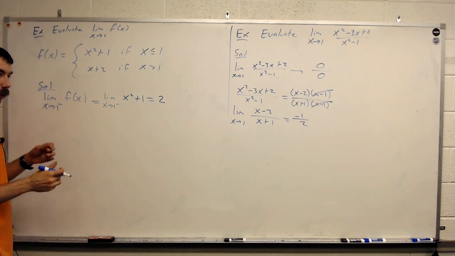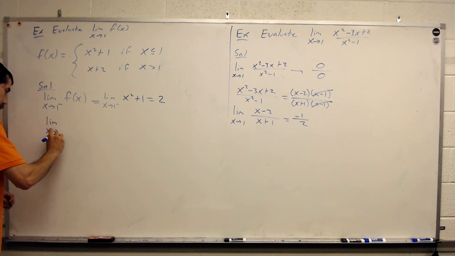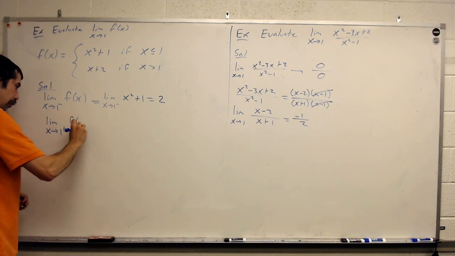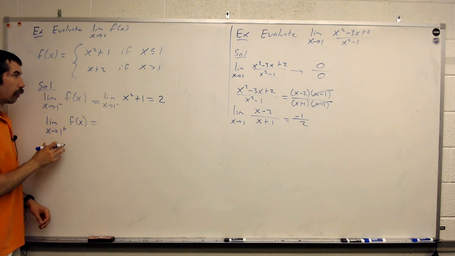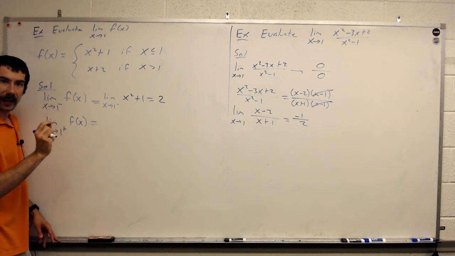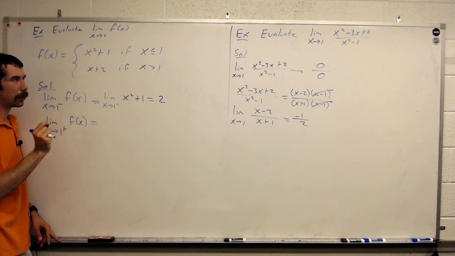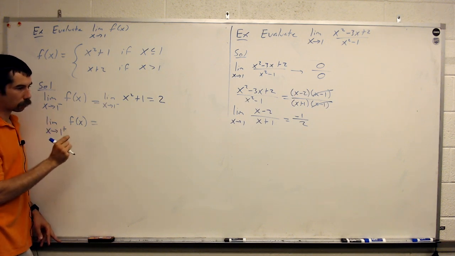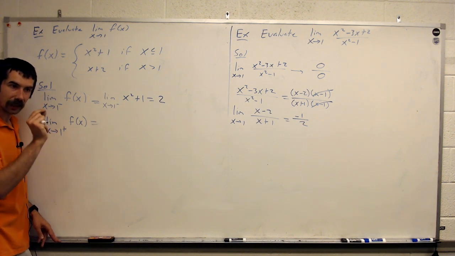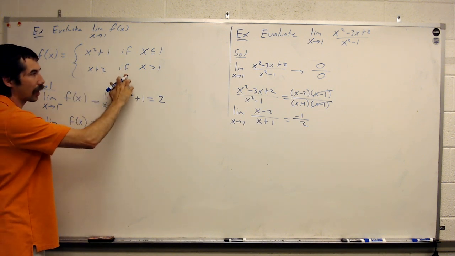Now let's evaluate the limit as x goes to 1 from the right. To evaluate this, you can imagine we're subbing in values of x that are slightly bigger than 1. Which rule do we use when our x value is slightly bigger than 1? We use this rule: x plus 2 if x is bigger than 1.